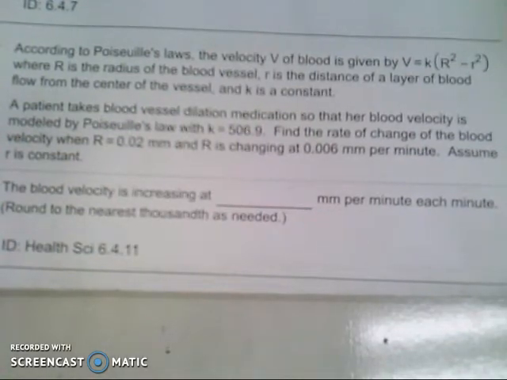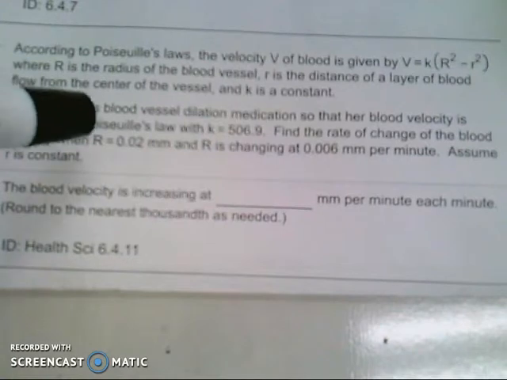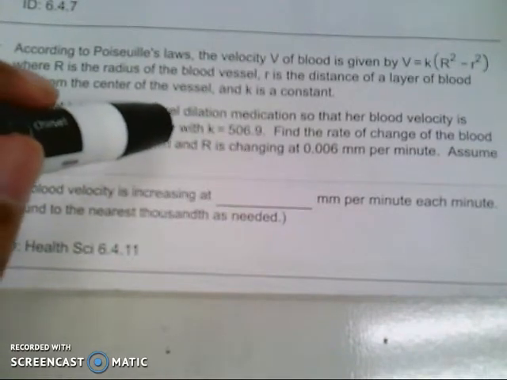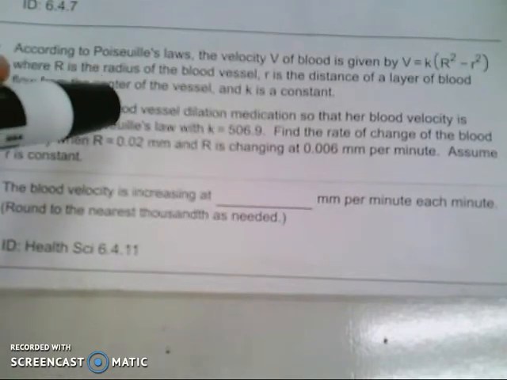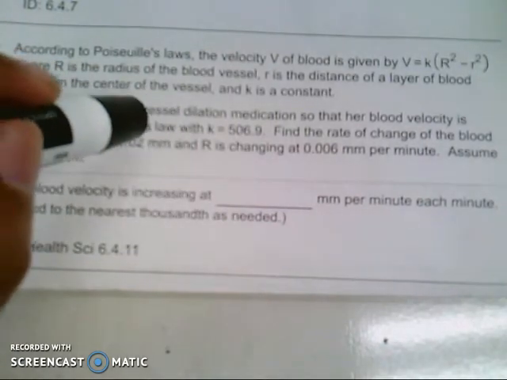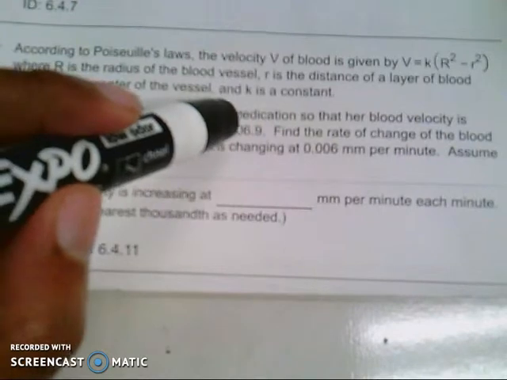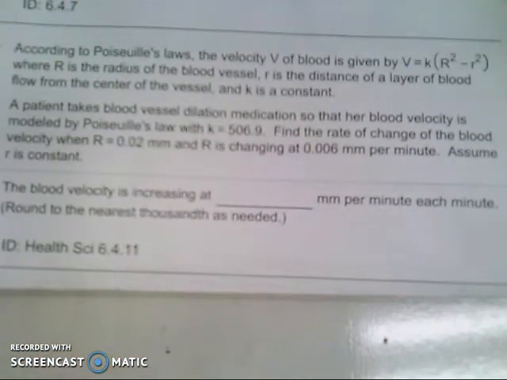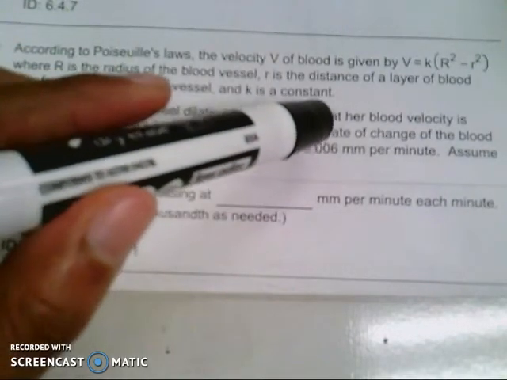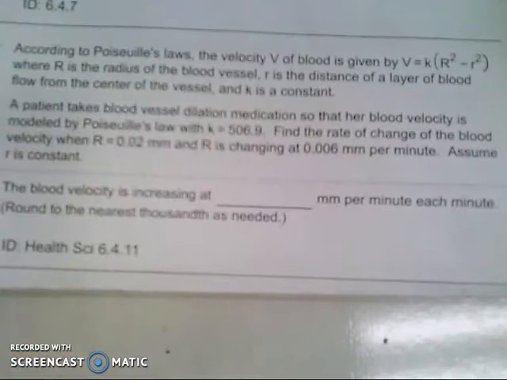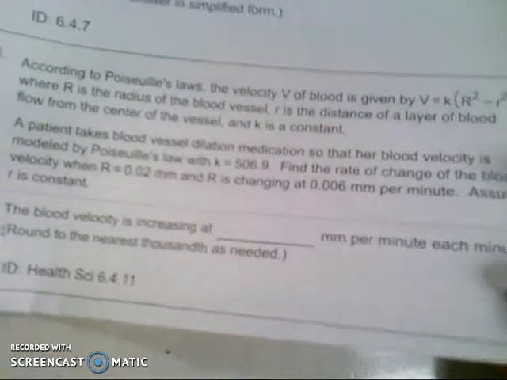So it also tells us that capital R is going to be 0.02. Now capital R is a variable, so we can find the derivative of that before we end up plugging it in. And it also tells us that it's changing at a rate of 0.006 millimeters per minute, which means that dR/dt is going to be 0.006 millimeters per minute when we do this part.